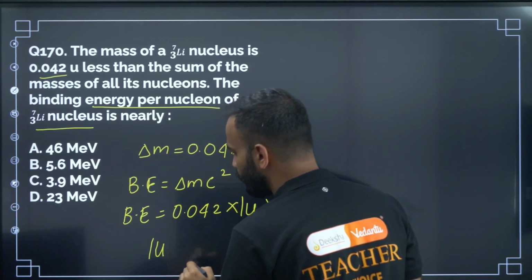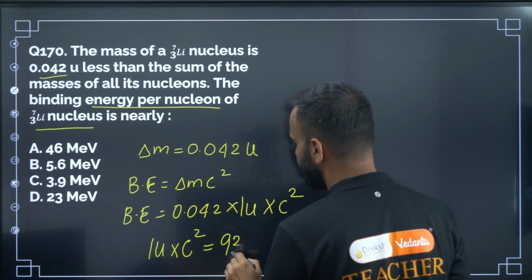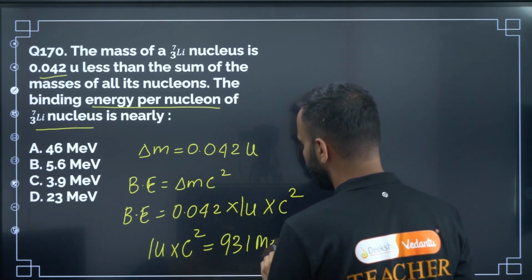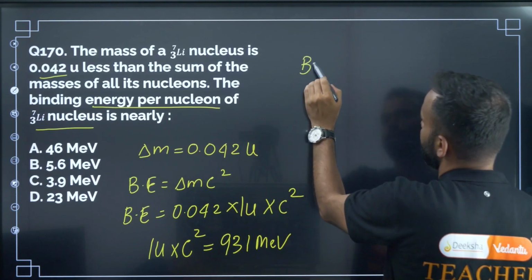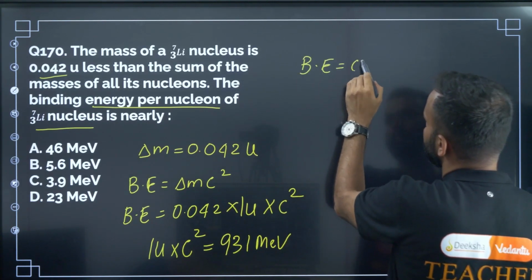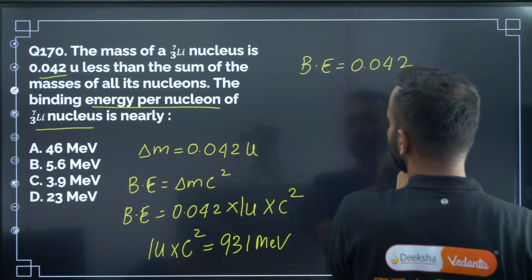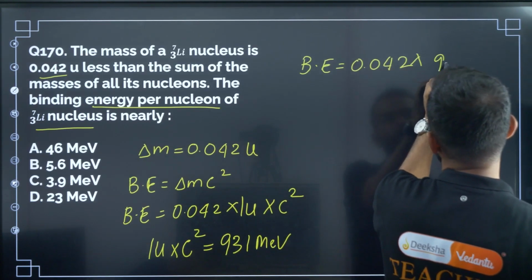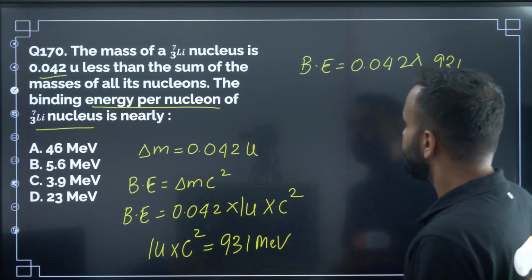We know that 1 atomic mass unit into c square is equal to 931 mega electron volt. So binding energy BE = 0.042 into 931 mega electron volt.